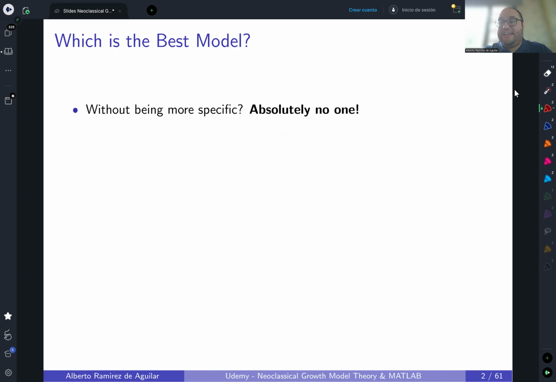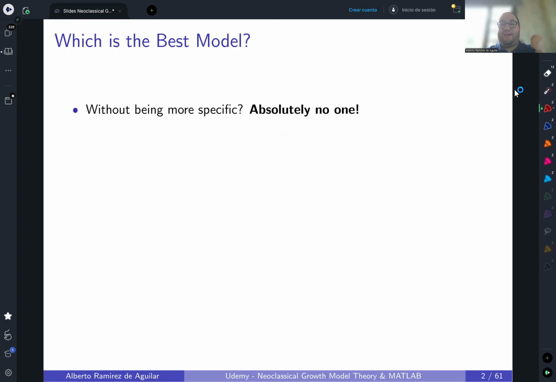Because models, and as you will see in the neoclassical growth model, at least in this lecture, are very tied to the type of questions that you want to answer. So it's not true that there exists a model that will give you the answers to anything that you want. That's a thing that you need to understand very importantly.